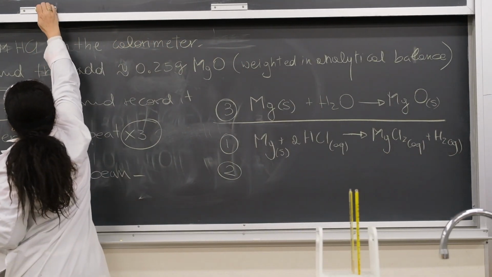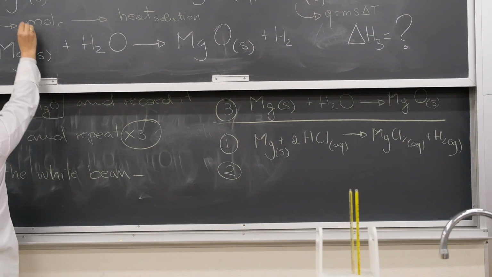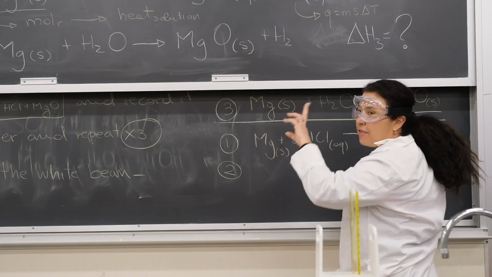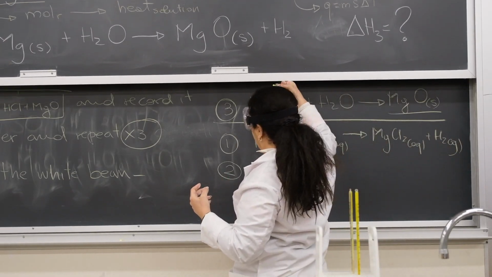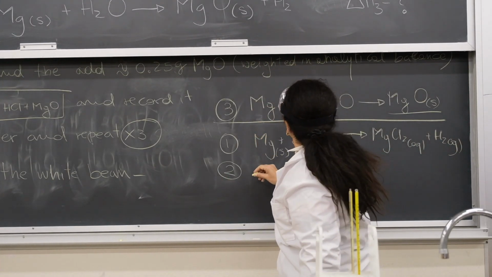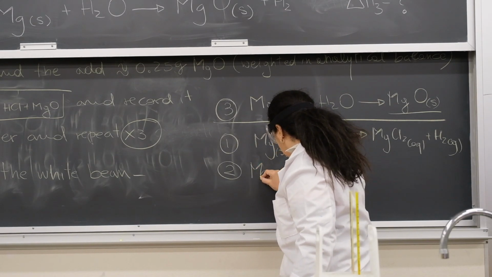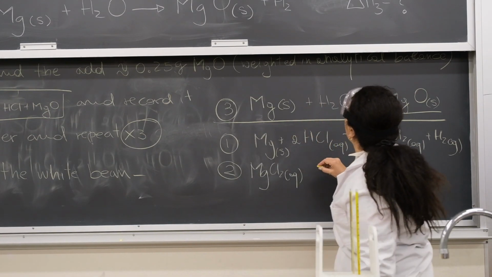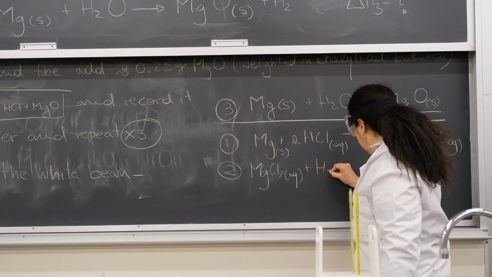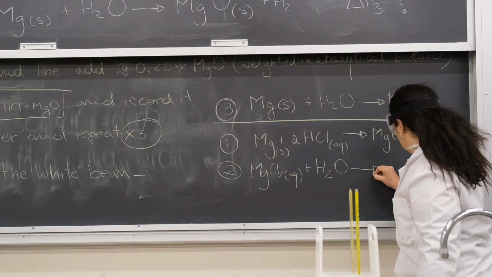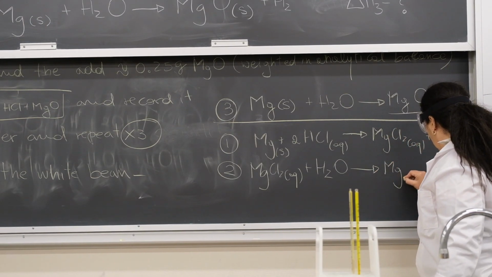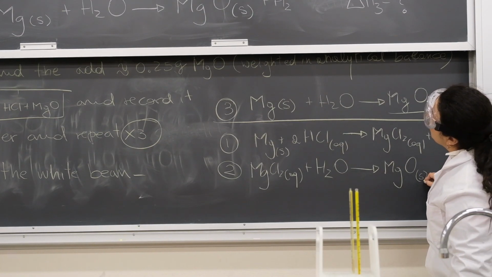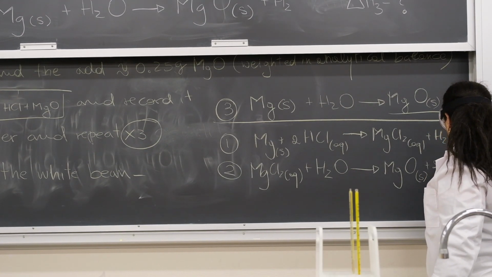You see that here? The magnesium is on the reactant side and we want it on the product side. So I flip the reaction and I write magnesium chloride, aqueous, plus water, aqueous, gives magnesium oxide plus hydrochloric acid.